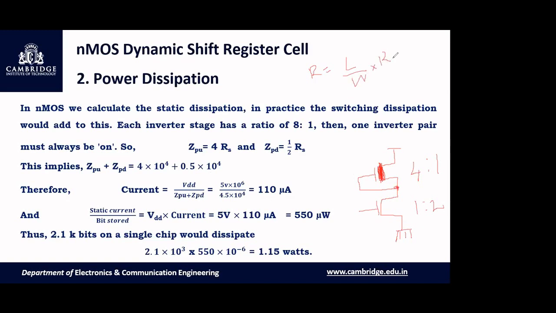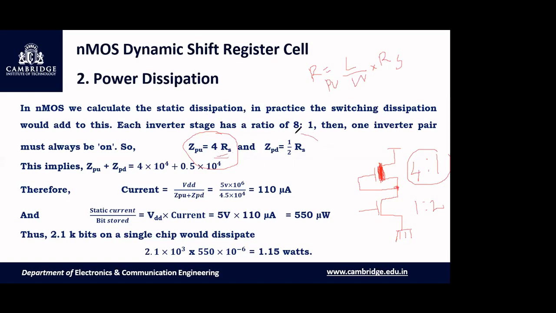So you can find it for pull-up as well as for pull-down. This is for pull-up. Since the ratio is 4/1, we'll get 4, which will be multiplied by 10K. So we'll get 40K here.